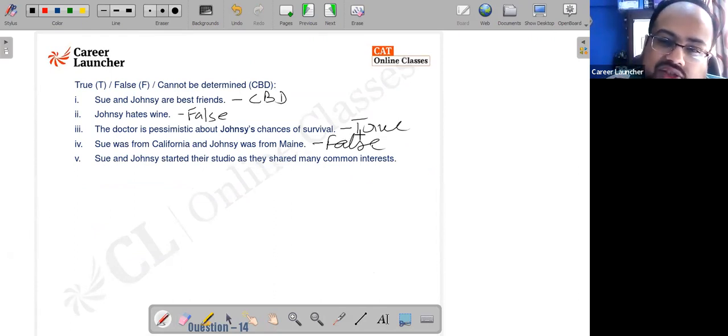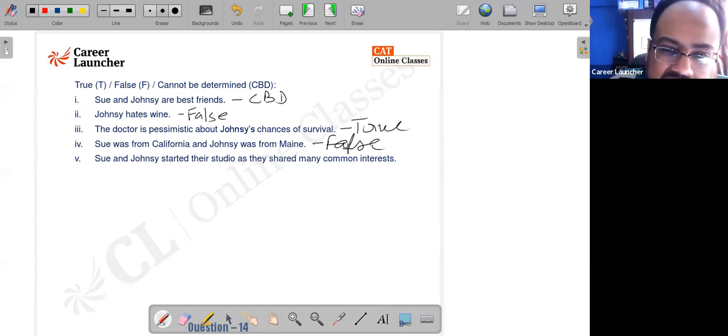Cannot be determined is also very close over here, because from the first paragraph, we cannot determine. So when I say false, when I say that John C was from California, I'm not saying it from the first paragraph. Please note that from the first paragraph, the answer is cannot be determined. But I'm getting this from the third paragraph. The third paragraph is about California. It's about John C. So I can assume that John C is from California.